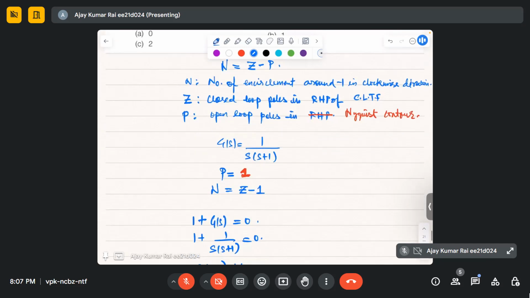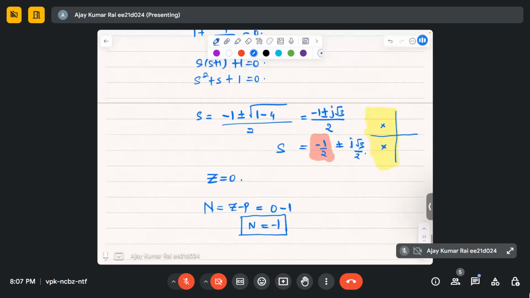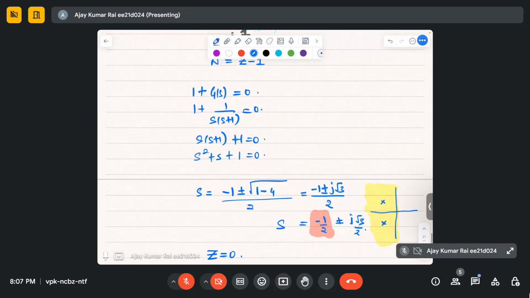Okay, I'm getting n equal to minus 1. That is encirclement in the anti-clockwise direction.